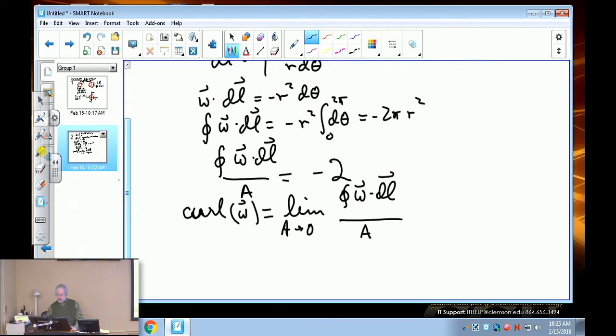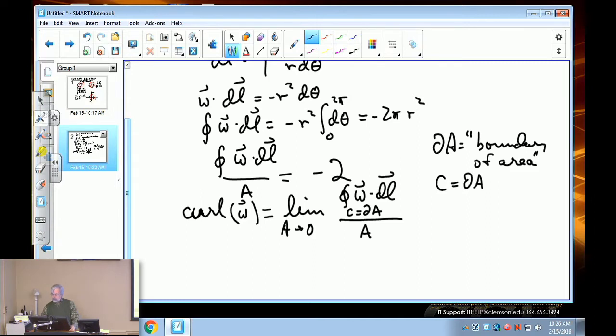And this path around the area, C, is the boundary of A. The boundary of the area. And the boundary of an area is a path, right? If you have a square or any shape, the boundary around that area is going to be a path. And so C is equal to the boundary of A. It means it's the curve that goes completely around an area. So it's a complete path.